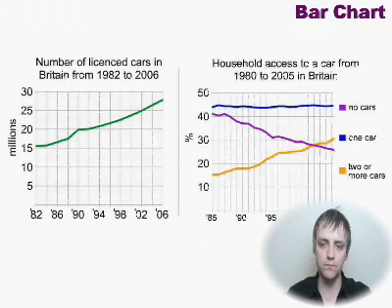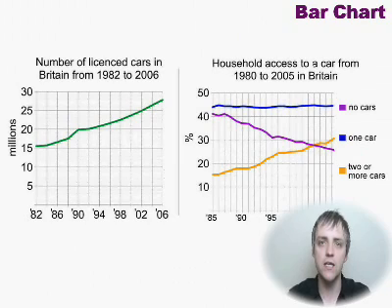We can see in detail here that we've got the two graphs. The one on the left is describing the numbers of these licensed vehicles which are in the UK between those two dates. Okay, you can see that from the green line, and we can see that that's rising. Okay, on the right hand side we can see household access to a car.